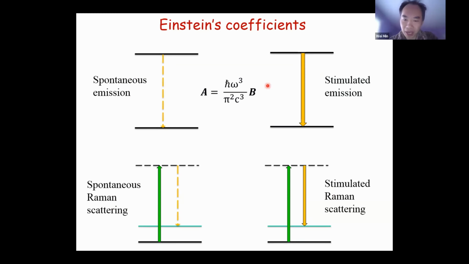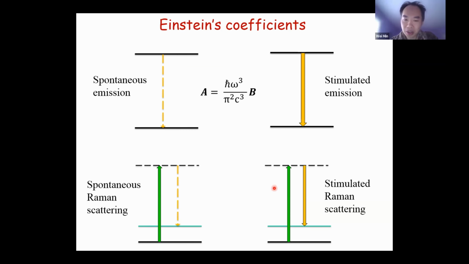I think that's a correct physical intuition, but I have to say that no one has actually talked about this. If you look at every literature or textbook, there's no such thing as A and B coefficients for Raman scattering. But if you think about it carefully, you think there should be, right?